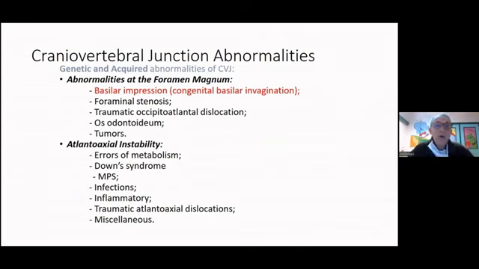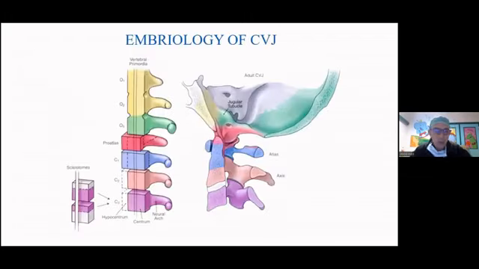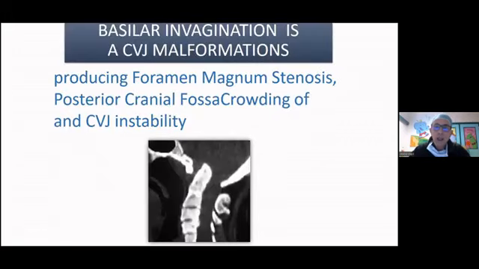Dealing with basilar impression, which is one of the abnormalities of the foramen magnum, along with atlantoaxial instability, an issue that we can find in many embryological books and articles dealing with mainly congenital abnormalities, but also acquired abnormalities are responsible for basilar invagination.